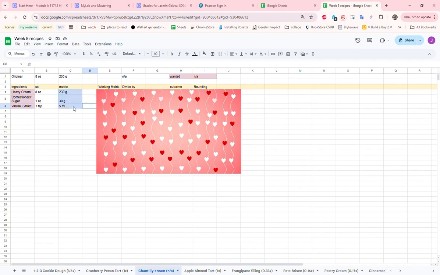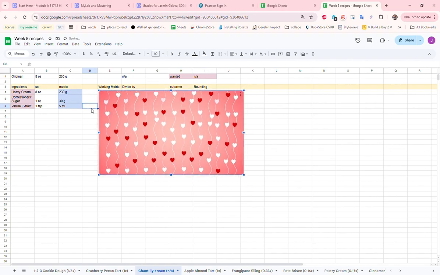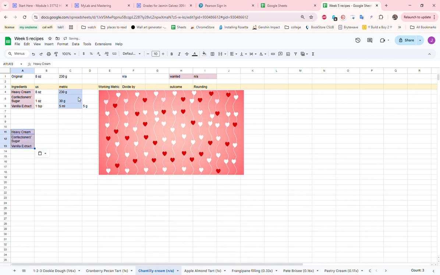If you want, you can say that 5 milliliters is the same as 5 grams. For right now, do not quote me on this, but for your notes, this is what you're going to have on it.